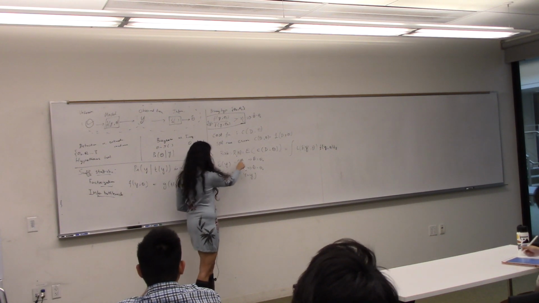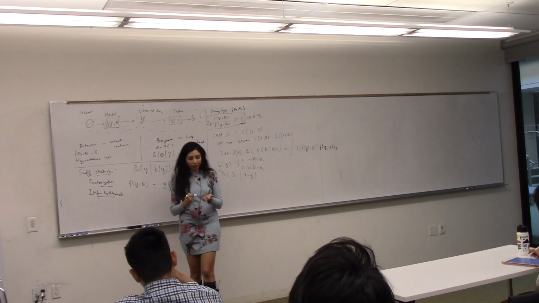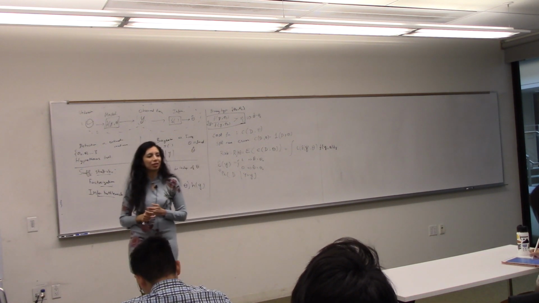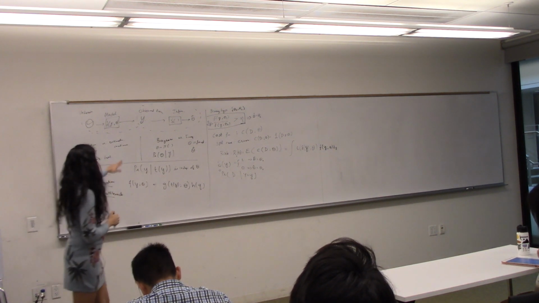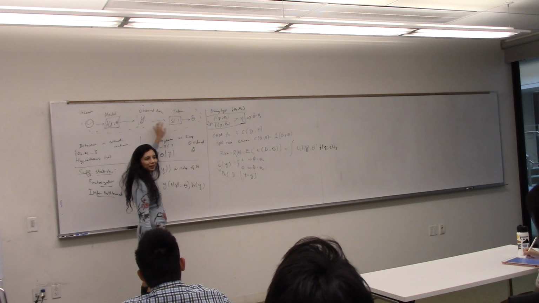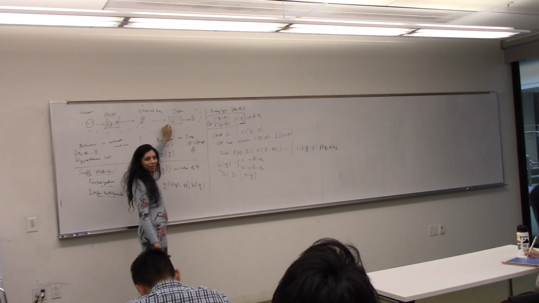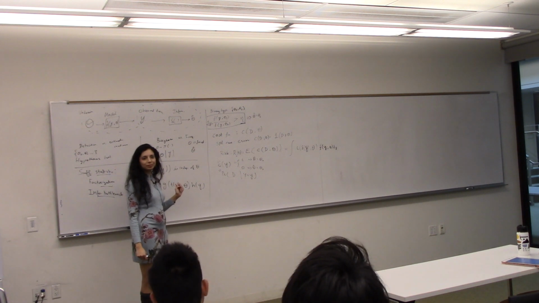Delta of y equals 1 means this detection output is 1. So think of it as a probability distribution and not just a deterministic mapping. When I wrote it here, you tend to think of it as deterministic, but it doesn't have to be. It can be a stochastic mapping. Is that clear?